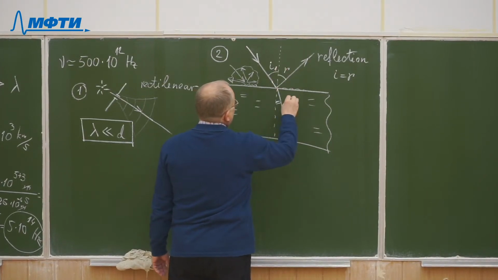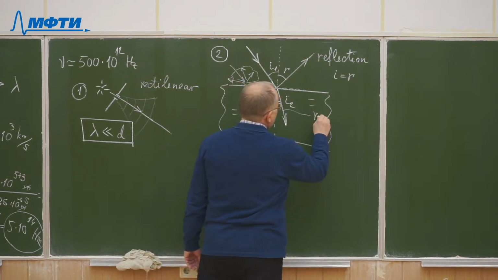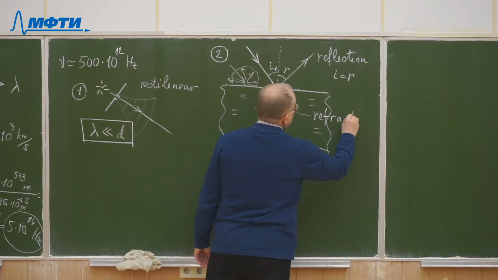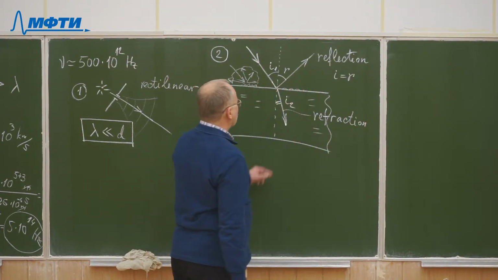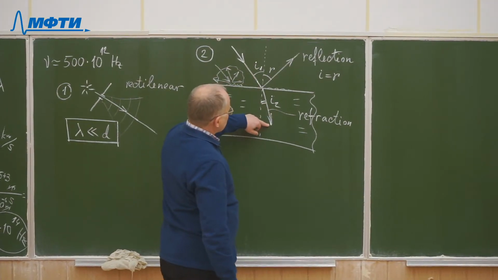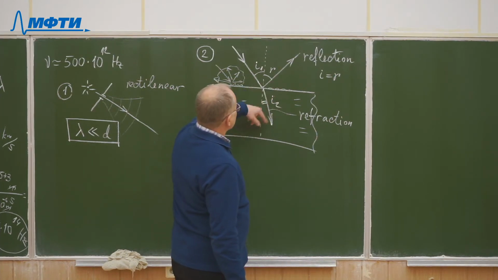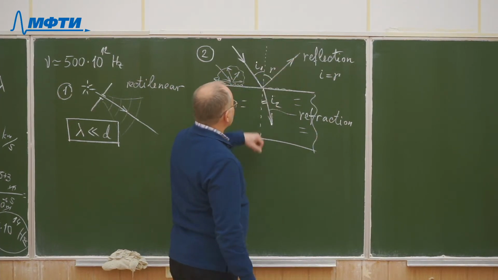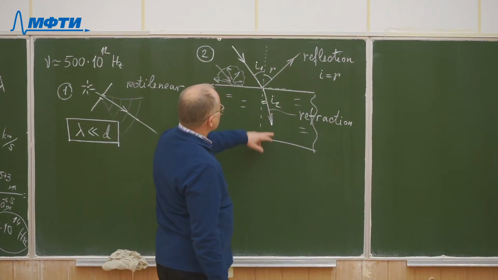Let it be I1, and that will be I2. This is the phenomenon of refraction, and this light ray is called a refracted light, in contrast to the reflected beam of light.